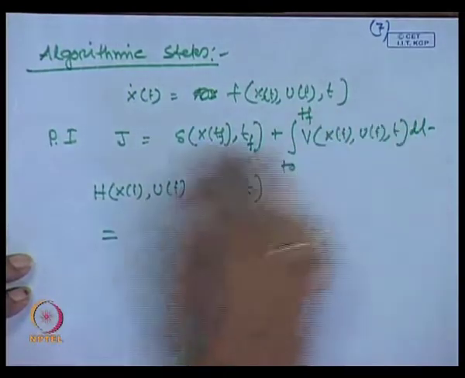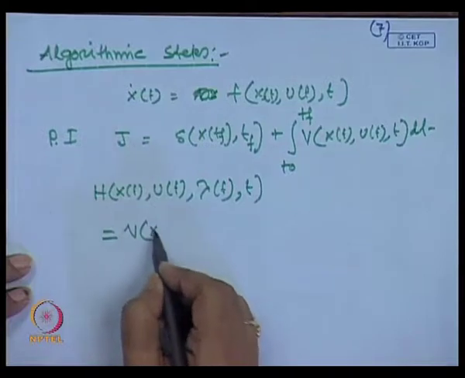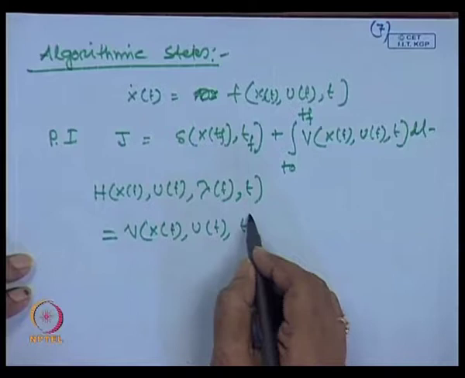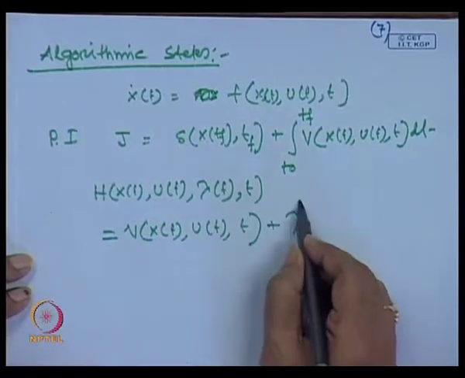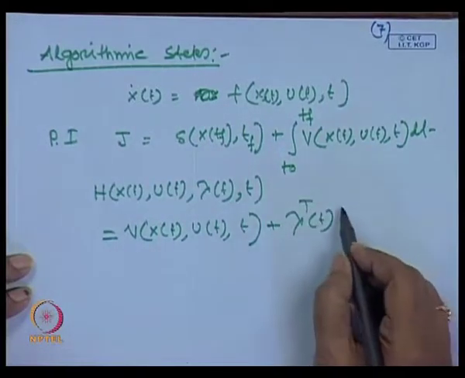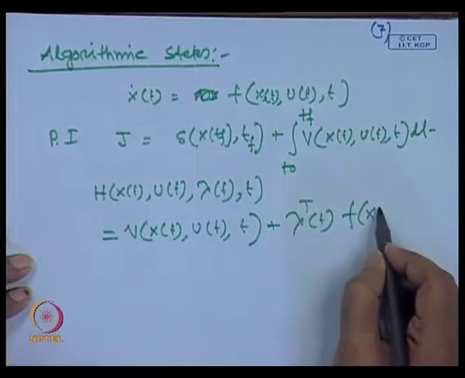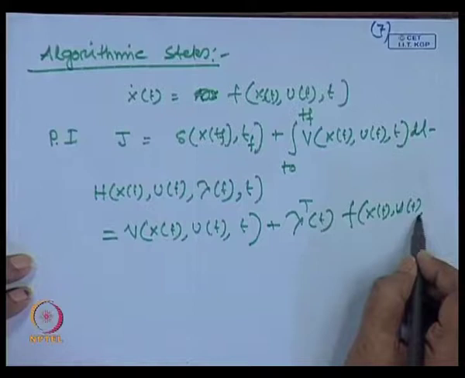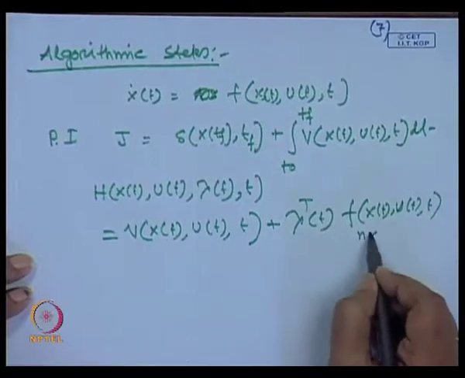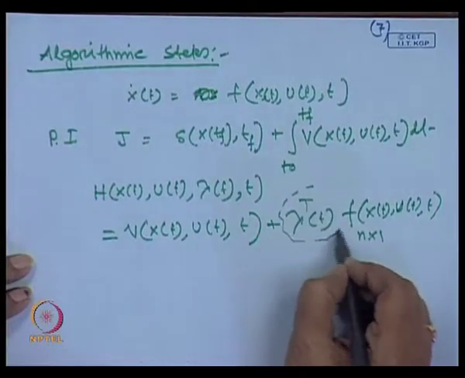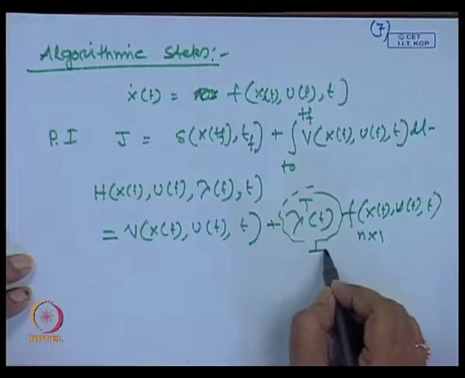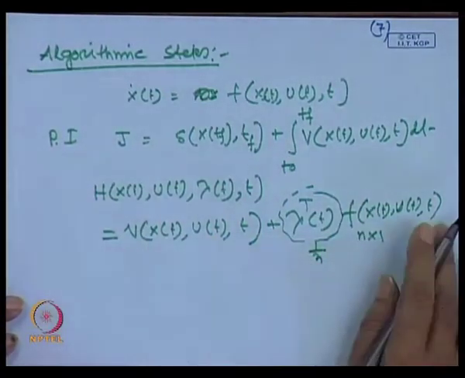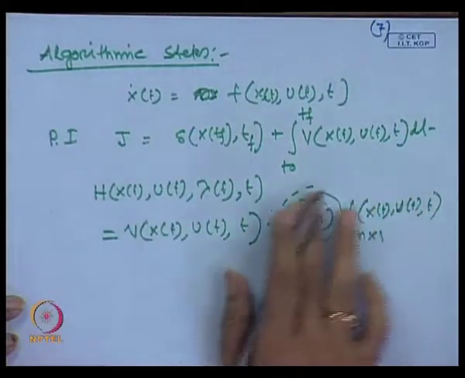It is this integrand plus lambda transpose of t into f of x of t, u of t and t. This dimension is n cross 1, and the whole dimension is 1 cross n times n cross 1, so it is a scalar. This is the Hamiltonian function.